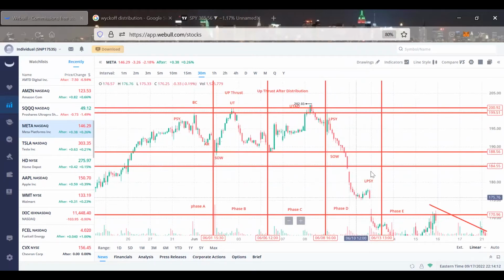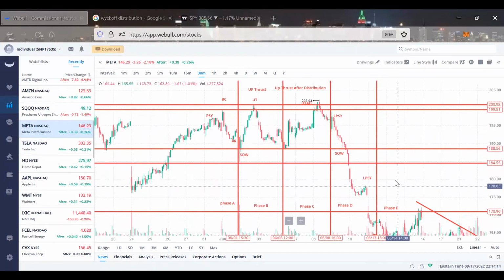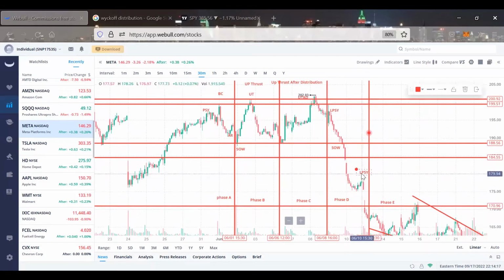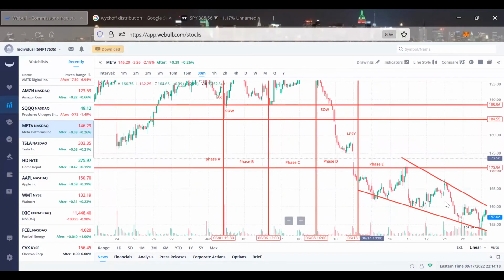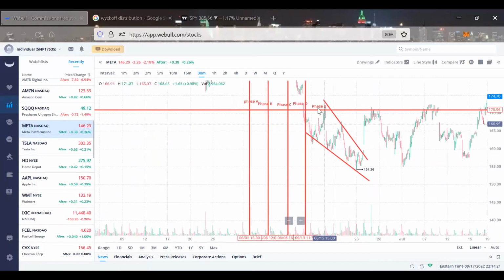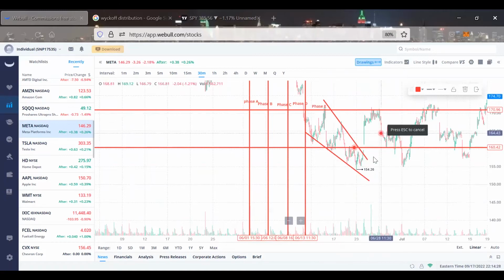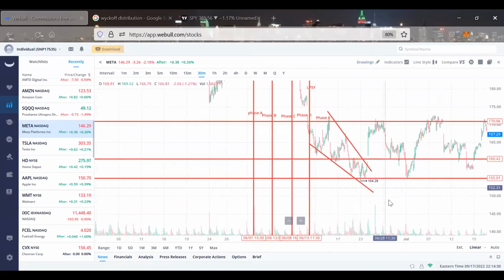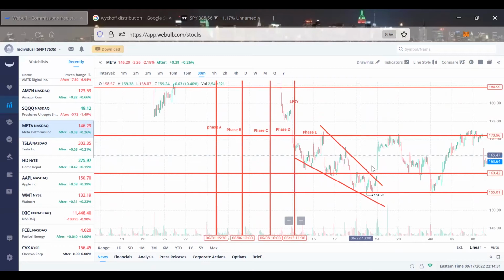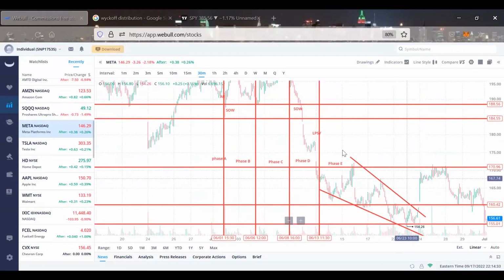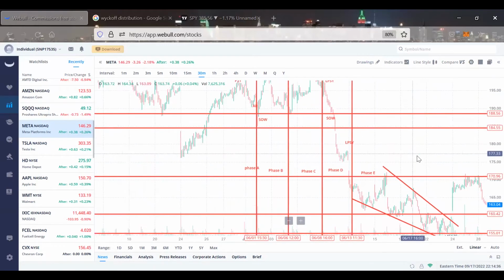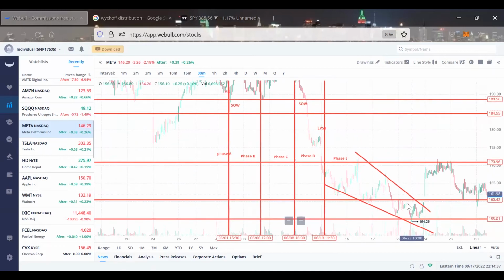We literally just went straight down, and the last point of supply was here before us even going lower, completing that markdown, right? Boom, and then we have an accumulation right here around this area, which is what we talked about in my video on understanding the accumulation phase of the Wyckoff, right?